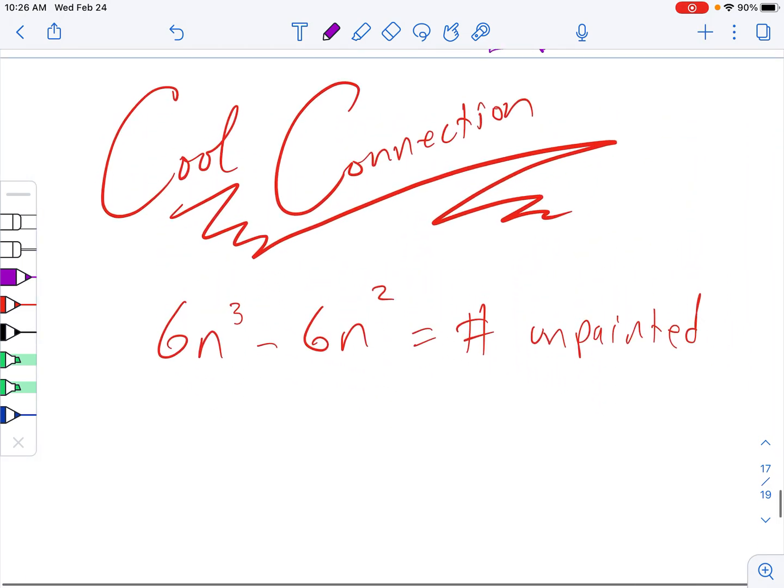So here's a cool connection. This is the total number of faces. This is the total number of painted faces.